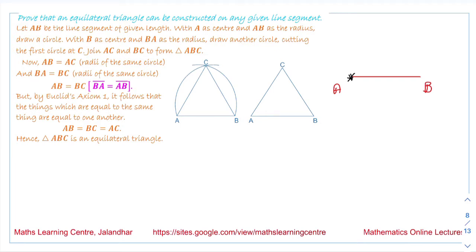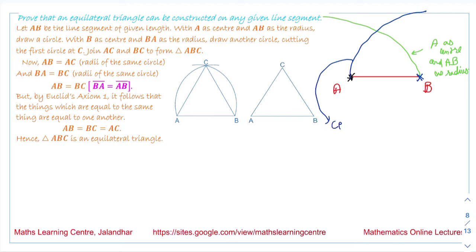So suppose this is the circle we are drawing over here. This is the circle with A as the center and AB as radius. Next, we have to draw another circle with B as center and AB as radius. This is the circle with center B, radius AB.